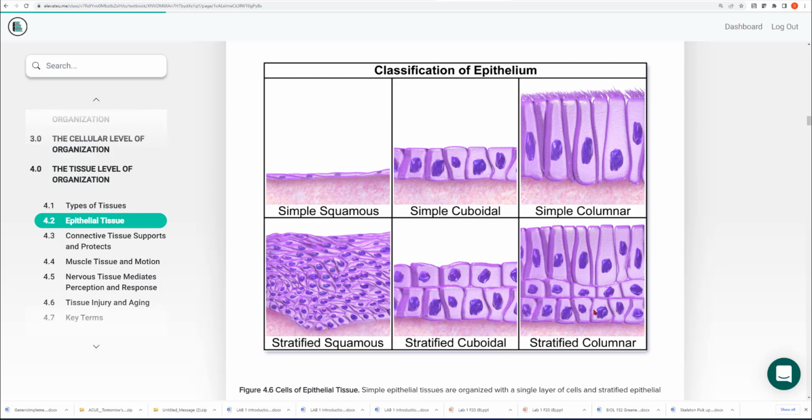Of these six, only four are part of your learning. We are not this semester learning any stratified cuboidal or stratified columnar tissues. So the only four that are going to apply to what we're doing this semester: simple squamous, simple cuboidal, simple columnar, and stratified squamous.